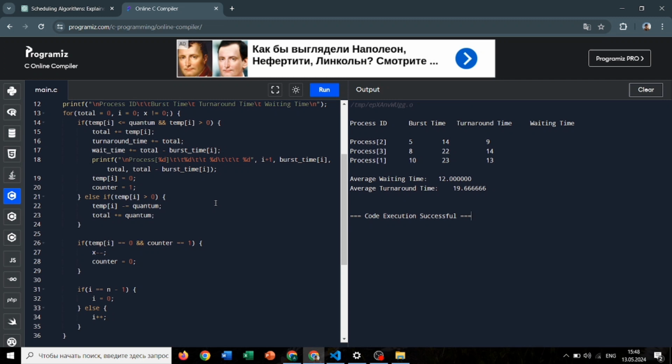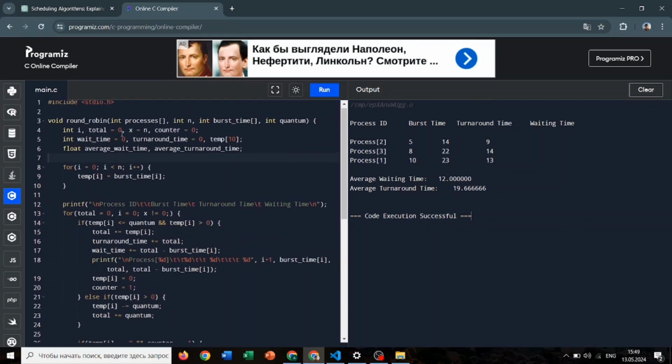Round robin behavior: after addressing a process, the index i is adjusted to loop back to the start after reaching the end, mimicking a circular queue. Okay, and this is our output. Here we get average waiting time and average turnaround time. These are our processes.